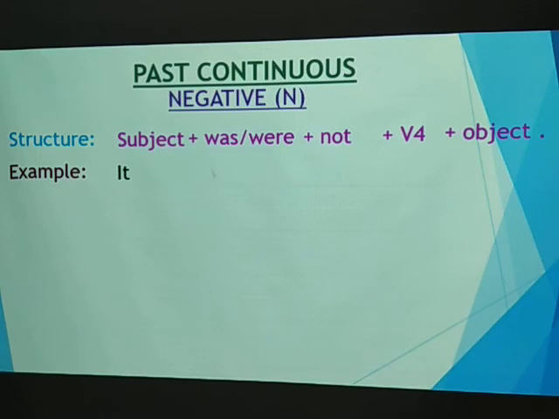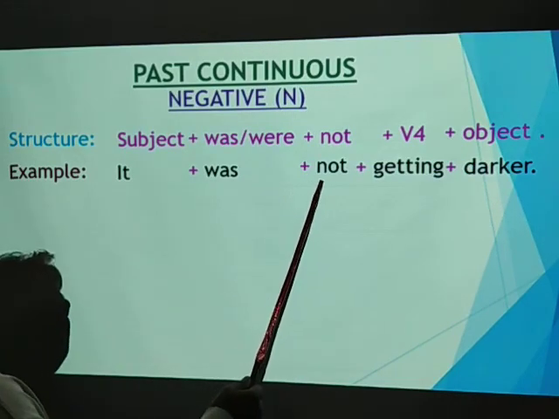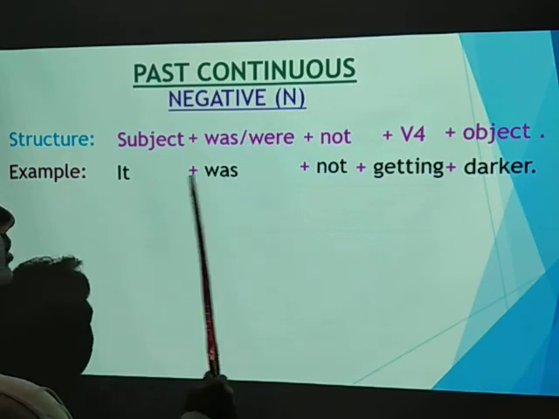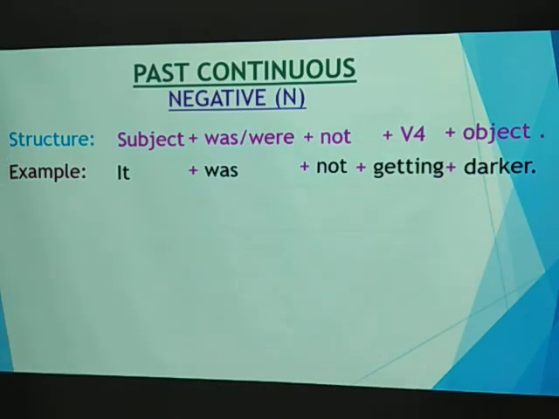Example: it was not getting darker. It was not getting darker. The only difference is that not has been added here. The rest of the sentence remains the same.